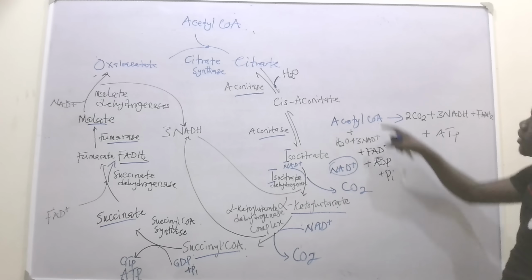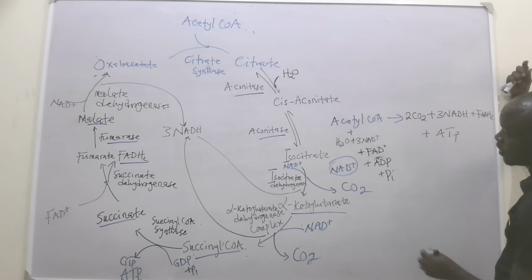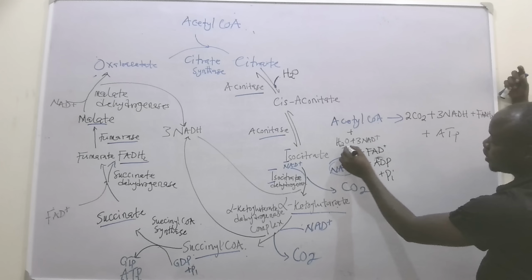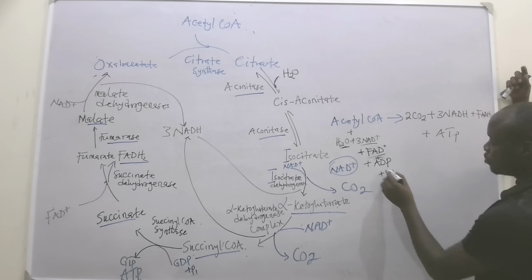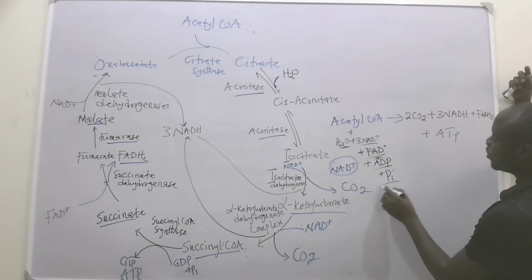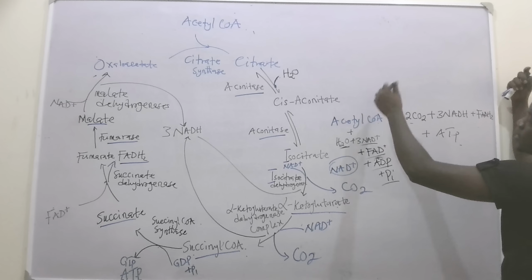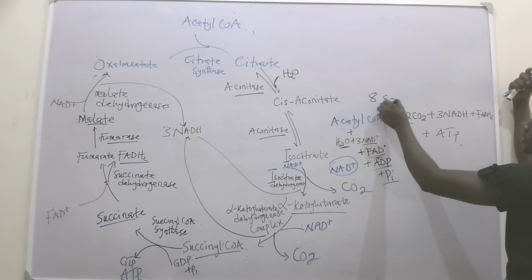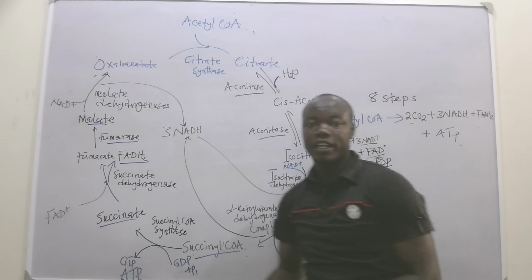So you see, what you need here is acetyl-CoA plus a water molecule plus 3 NAD plus, 1 FAD, plus 1 ADP plus inorganic phosphate to generate these products, and this citric acid cycle is an 8 step reaction.